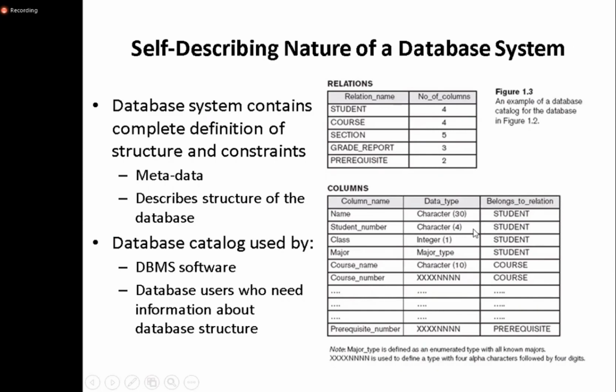Now we briefly look at the self-describing nature of a database. I told you about something called the database catalog. I referred to the term catalog when I was discussing metadata previously. So here's an example. Look at what type of data can be retrieved about the data we have stored in the database.